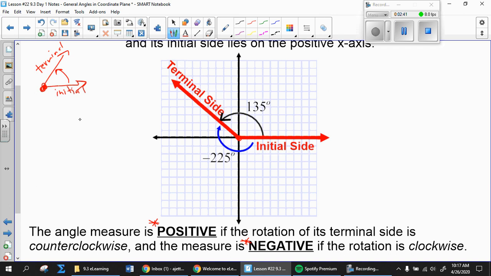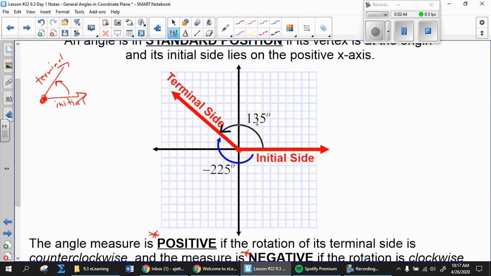So if you look here, if I start at my initial side and I start rotating, if I get up here to this positive y, that's 90 degrees, because I'm creating this 90-degree angle. If I keep rotating, we should know a full rotation around a circle is 360 degrees. So if I keep rotating, this is going to be 180 degrees. This is going to be 270 degrees.